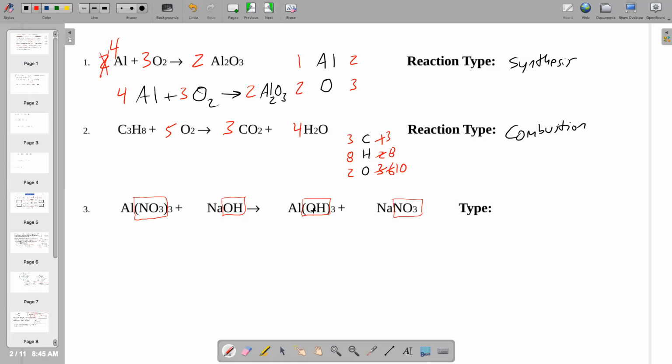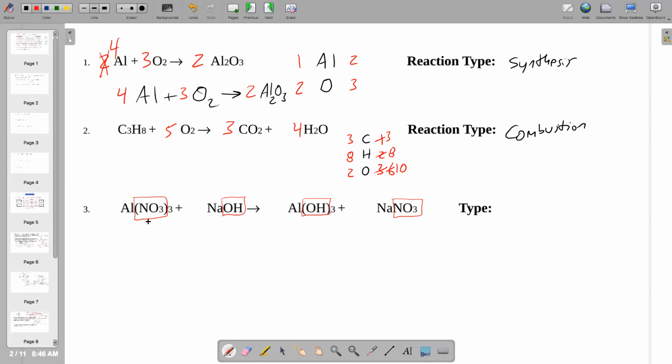And you might even see real quick that there's 1 aluminum on the left, 1 aluminum on the right. There's 1 sodium on the left, 1 sodium on the right. The only thing that's a little bit different is there's this NO3 with a 3 after it, and then there's an OH with a 3 after. So the only thing that you're really balancing to start with is the nitrates and the hydroxides.